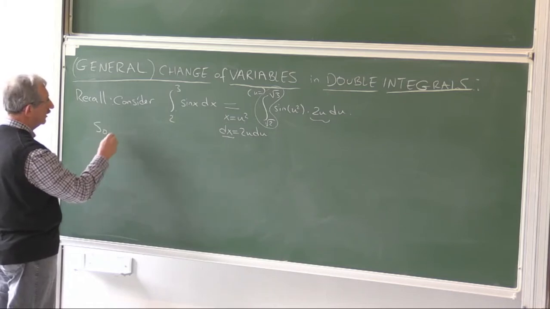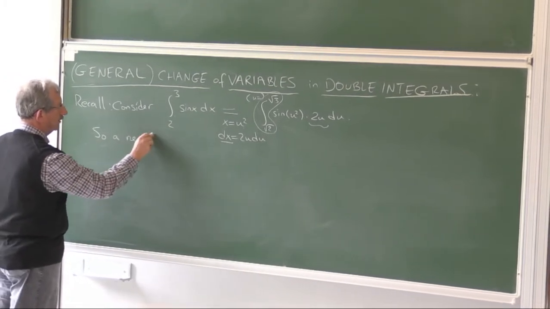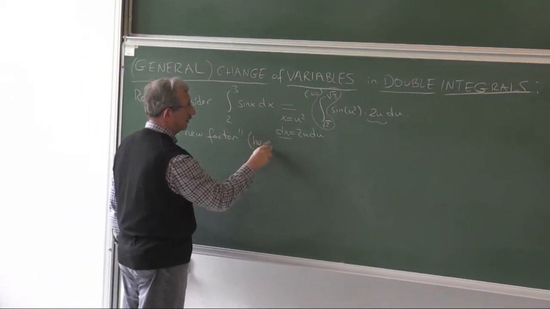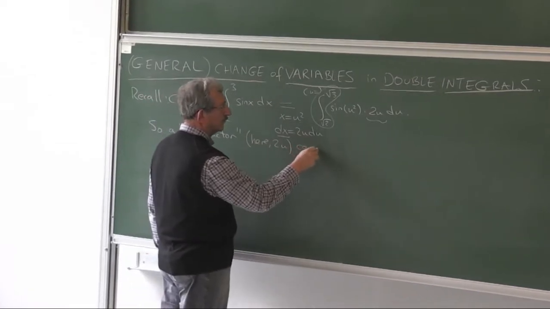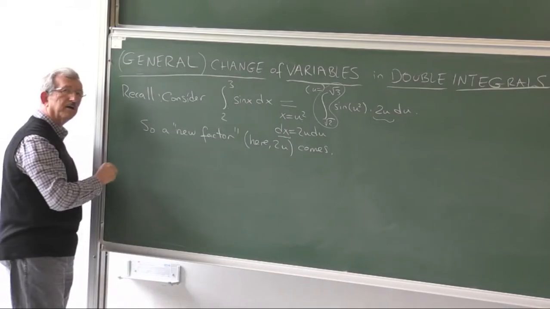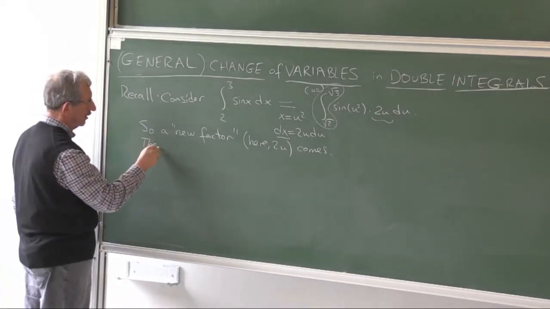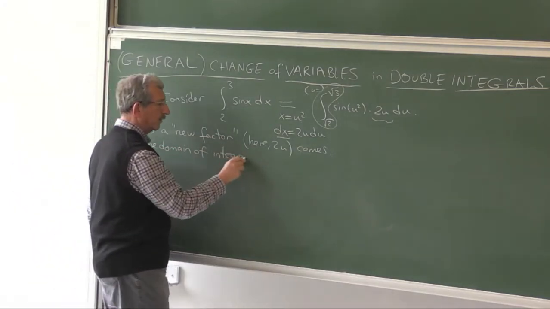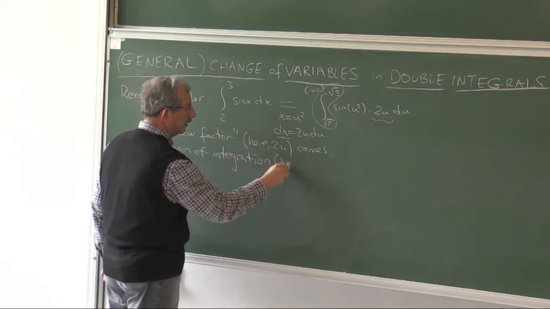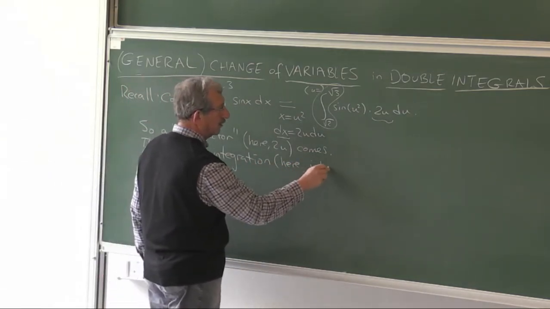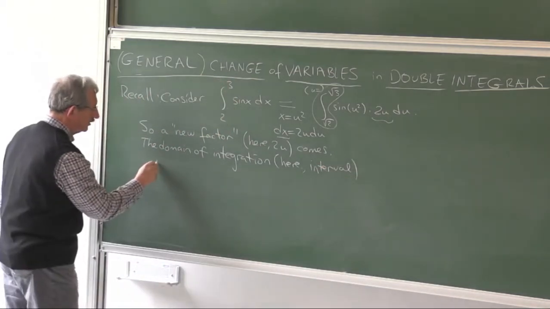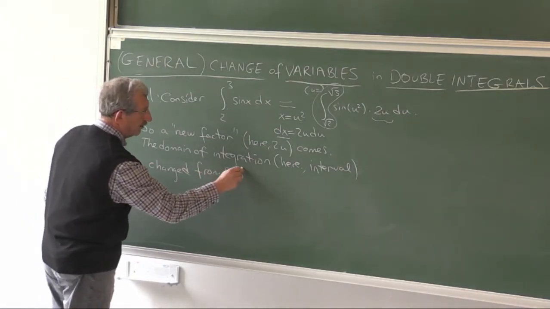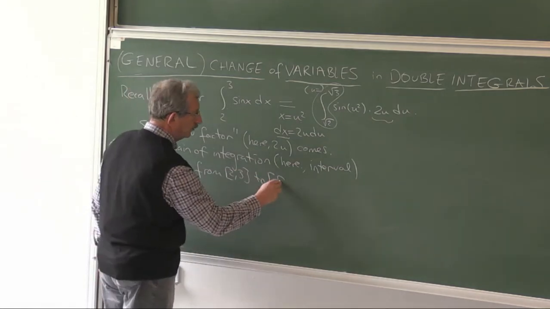Firstly, a new factor: here 2u comes. And secondly, the domain of integration, here the interval, changed from 2, 3 to root 2, root 3.